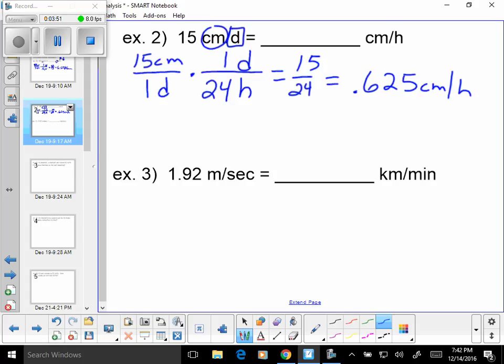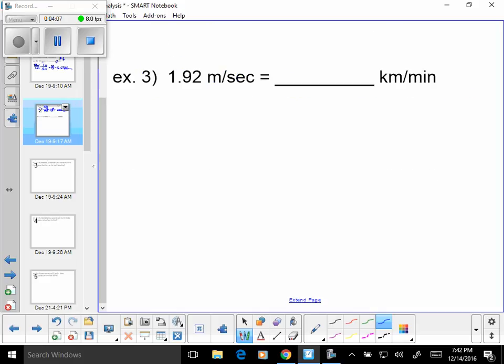Now at this point, I'm going to do example 3 because we're going to do 2 kinds of conversions in the same problem. We're going to take meters to kilometers, and we need to take seconds to minutes. All right. 1.92 meters in 1 second. I like to start with my top number, that numerator. I want to go from meters to kilometers.